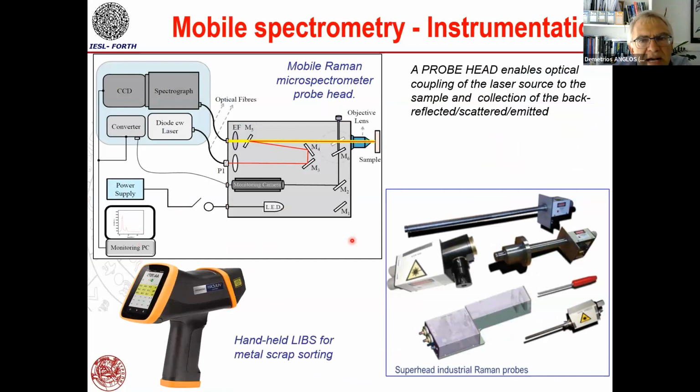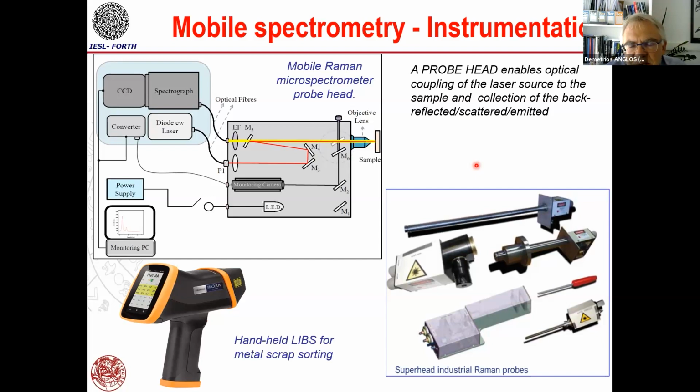In all mobile systems, basically what you have is what we call a probe head, and this is a unit with optics and perhaps laser detectors whose task is to couple optically the excitation light to the sample and couple the backscatter light into the detection system.